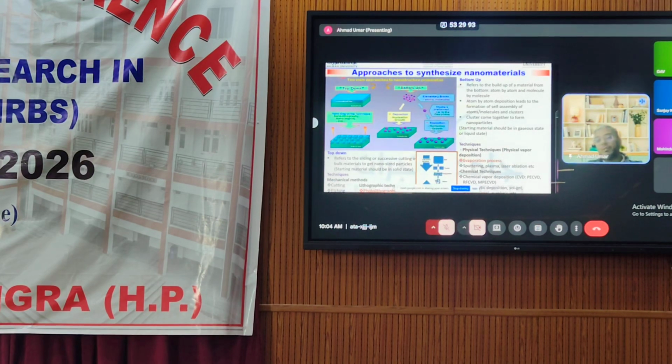In this bottom-up approach, we are building the material atom by atom and molecule by molecule until we reach the nano. This atom-by-atom or molecule-by-molecule deposition leads to the formation of clusters, and these clusters finally merge with each other and make the nanoparticles.